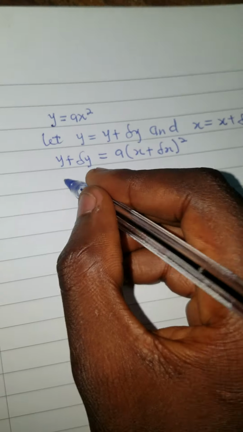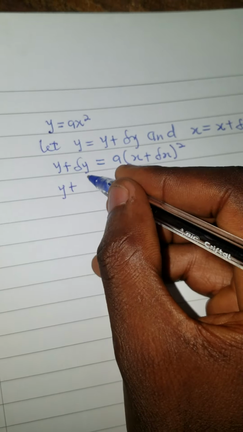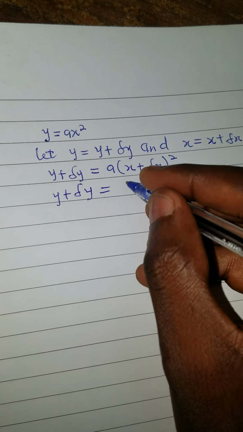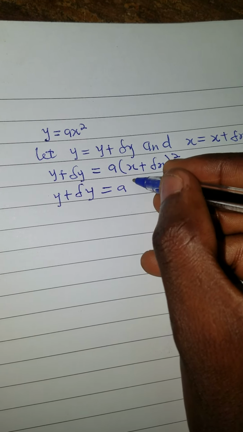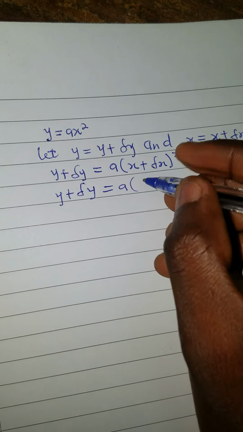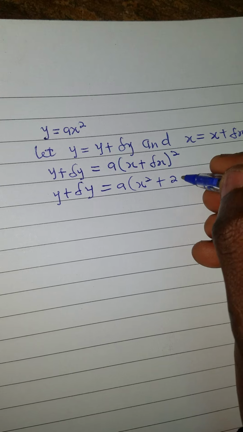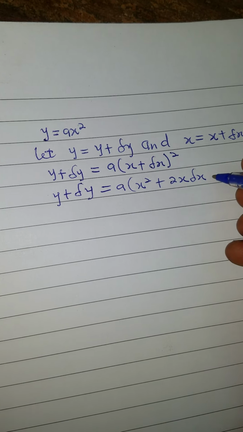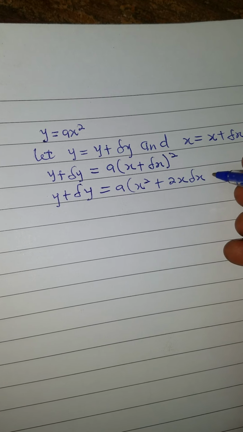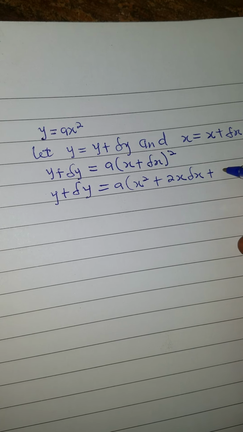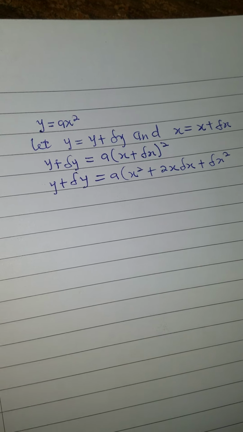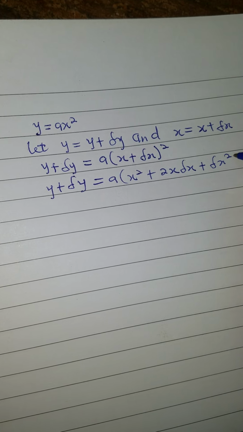Now if you expand the bracket at the other side, it will be equal to a still multiplying x squared plus 2x dx plus dx squared.